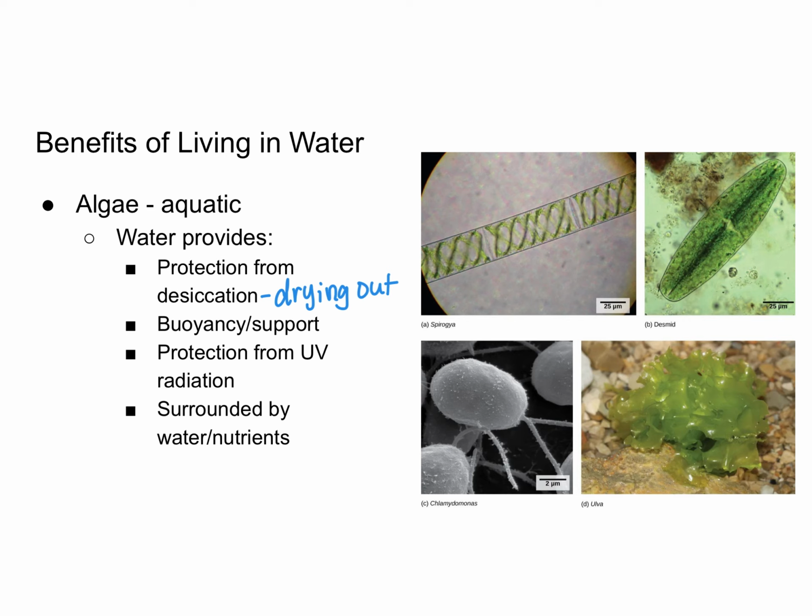Water also helps to protect algae and aquatic plants from UV radiation. And UV radiation, so this is radiation that comes from the sun, can be mutagenic. And what that means is that it can damage DNA.